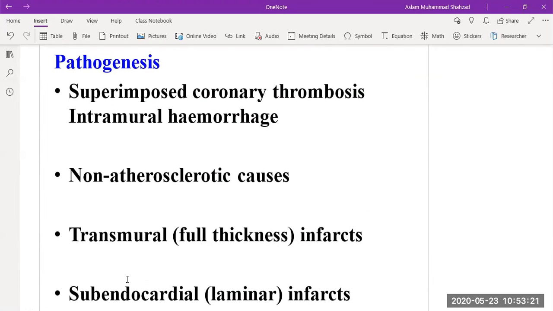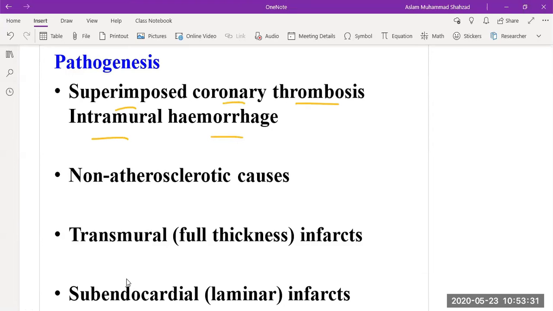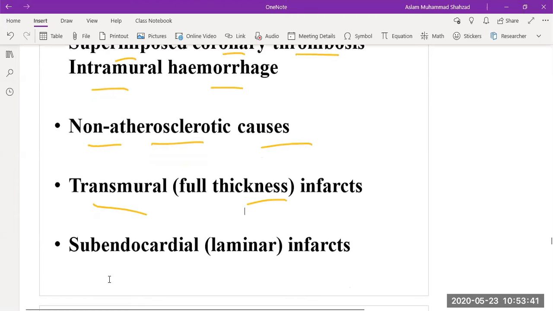So what happened can be explained in terms of superimposed coronary thrombosis, which could be intramural hemorrhage, or the pathogenesis could be a non-atherosclerotic cause, or it could be a transmural infarct, or a subendocardial infarct.